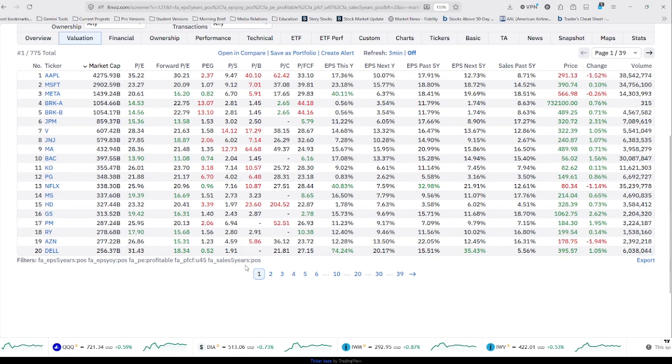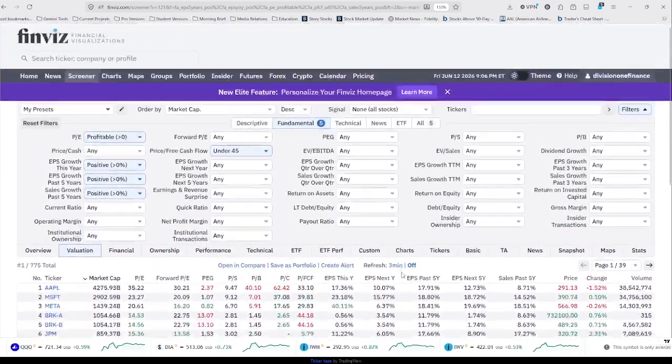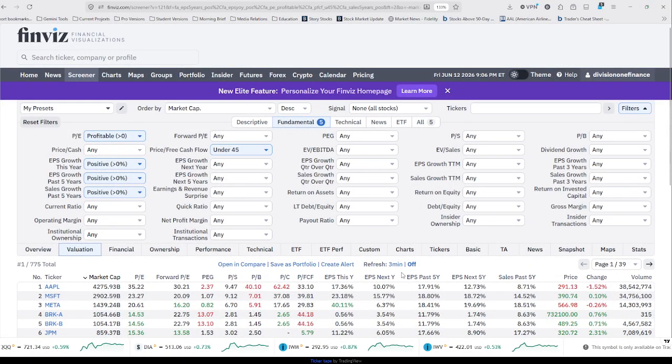So I end up with 39 pages, which we're just going to count as being 40 pretty much.